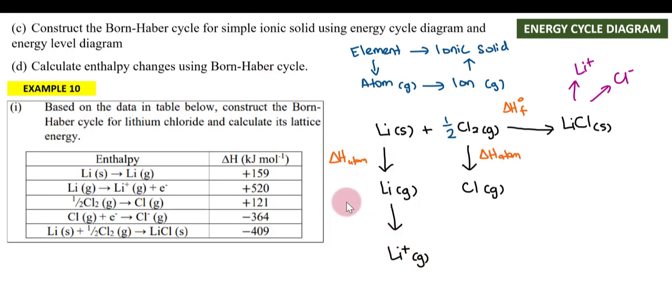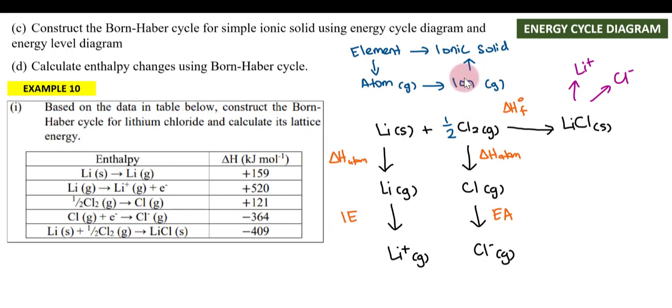For metal, we are going to apply the ionization energy of lithium. And for non-metal, Cl gas will become Cl minus gas. For non-metal, we are going to apply the electron affinity of chlorine.